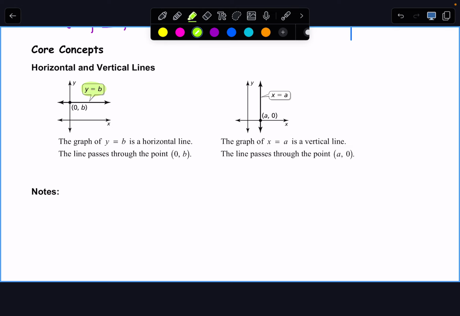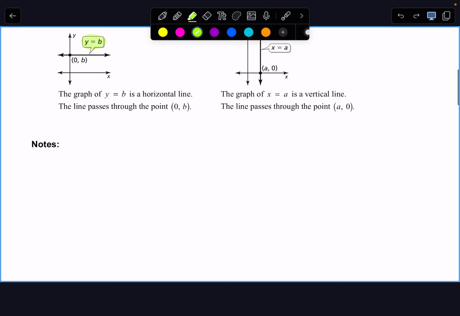Every single coordinate on this line has a y coordinate of b. Let's pretend b is 6. This would be like 0, 6, 2, 6, 10, comma 6, negative 1, comma 6. All of those have y values of 6.